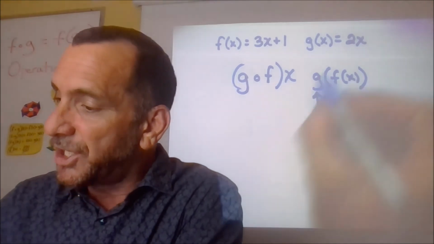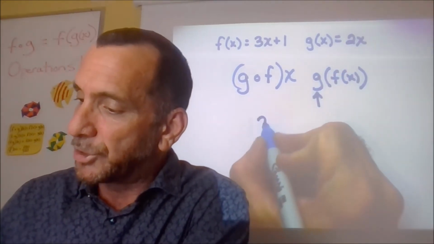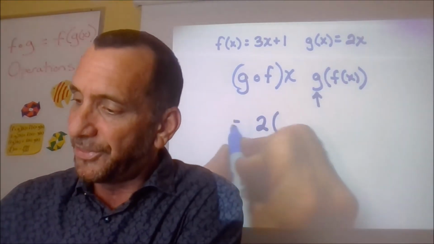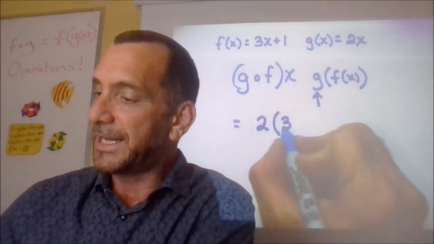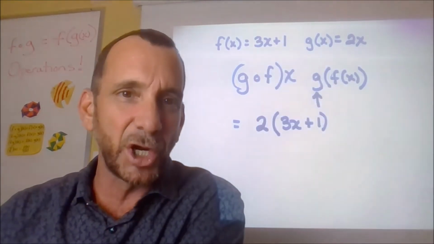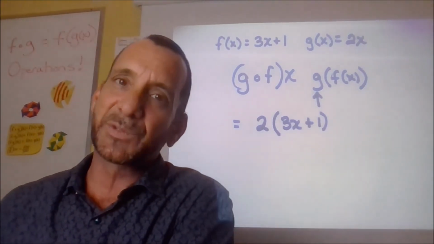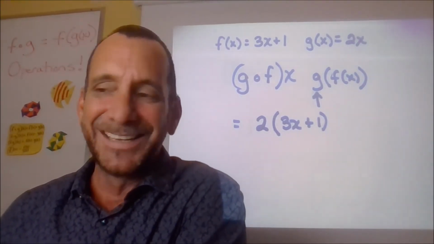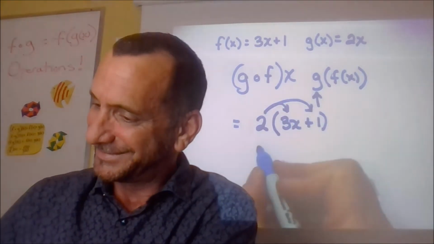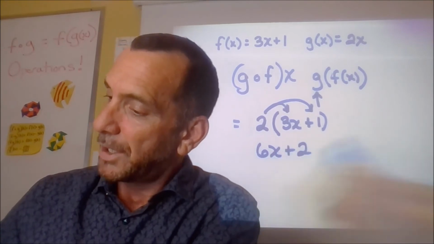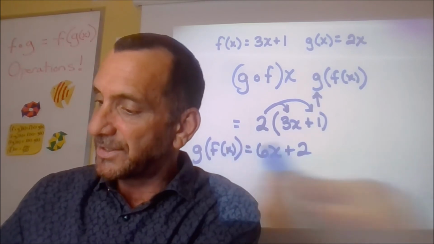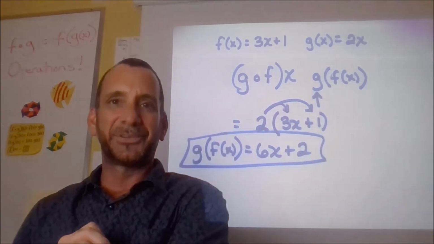Let's do it. G of x is 2x, so I'm going to put 2, but instead of writing an x, I'm going to put in parentheses 3x plus 1. I'm inserting the f of x function into g of x. Well, that's pretty easy from here on out because all you have to do is distribute. And so my g of f of x is 6x plus 2.